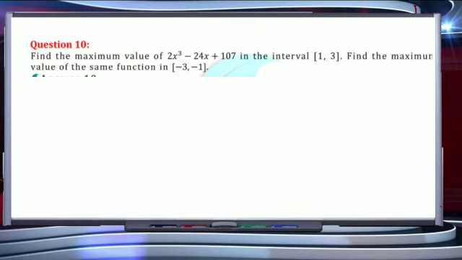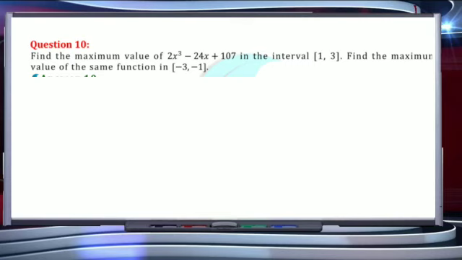Now the 10th question of your exercise 6.5: find the maximum value of the function 2x^3 minus 24x plus 107 in the interval [1, 3], and find the maximum value of the same function in the other interval, the closed interval [minus 3, minus 1].